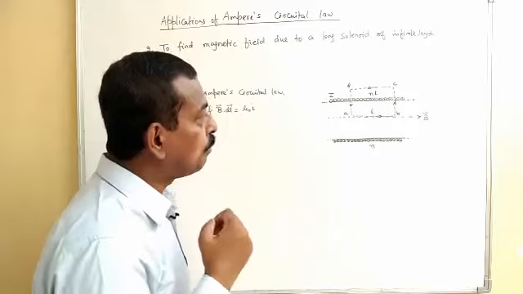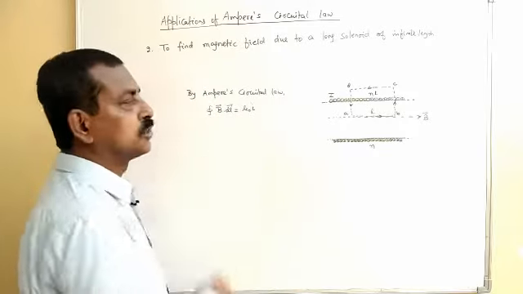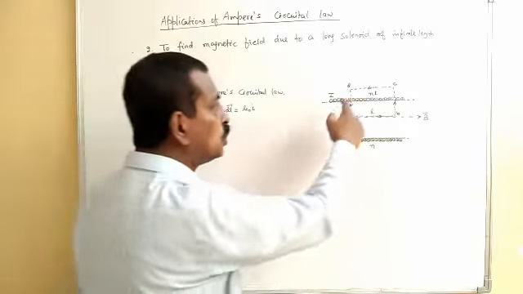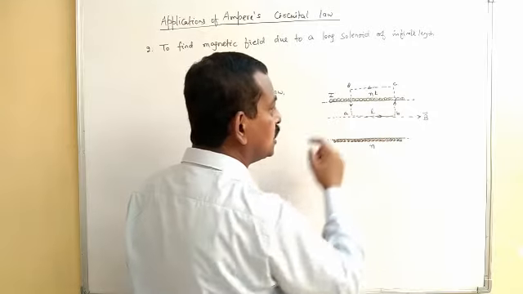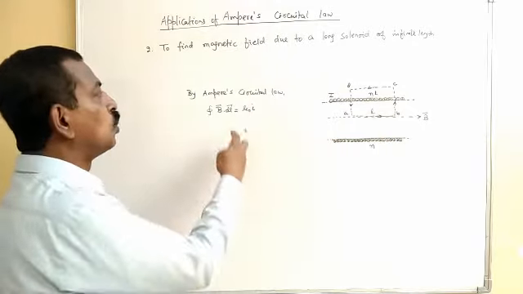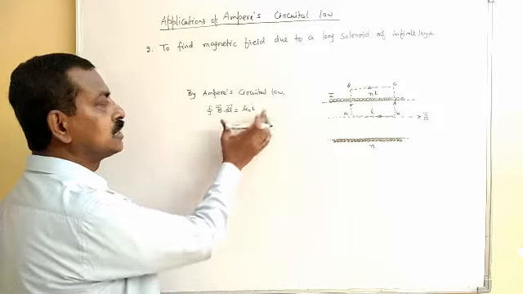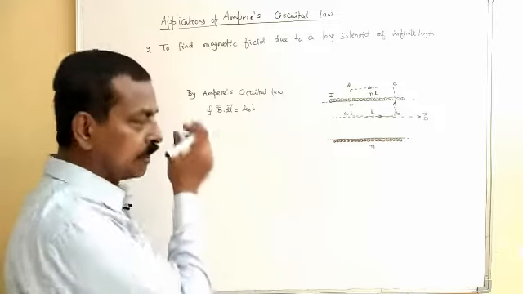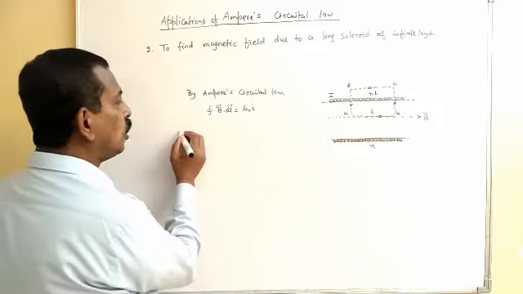Now if you apply Ampere Circuital law to a closed loop A, B, C, D, A: integral B dot dl equals mu naught I. This is the expression for the Ampere Circuital law.